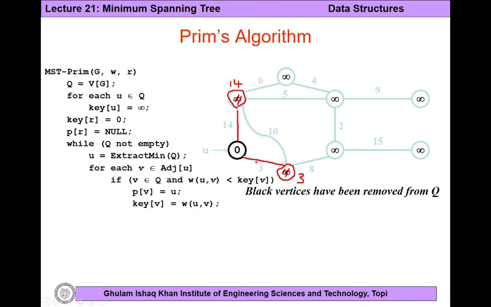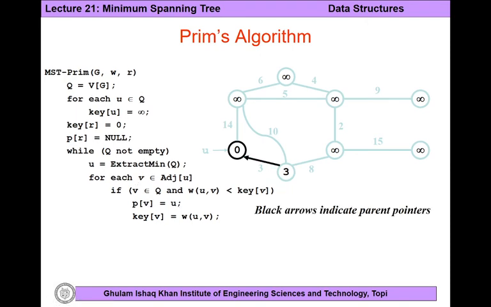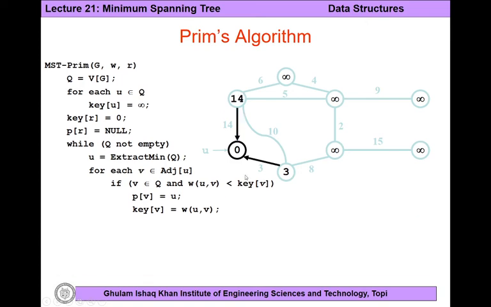Now remember, it is only considering its neighboring nodes, which are not extracted from the queue yet, right? So if you see here, this weight is updated and this weight is also updated, and the arrow sign basically indicates the parent relationship, right?